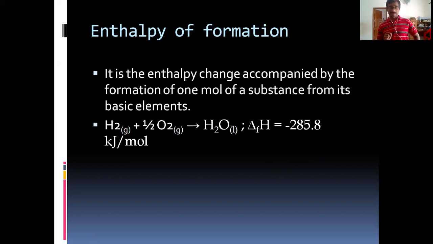Or we can say the enthalpy of combustion of H2 is equal to the enthalpy of formation of H2O.